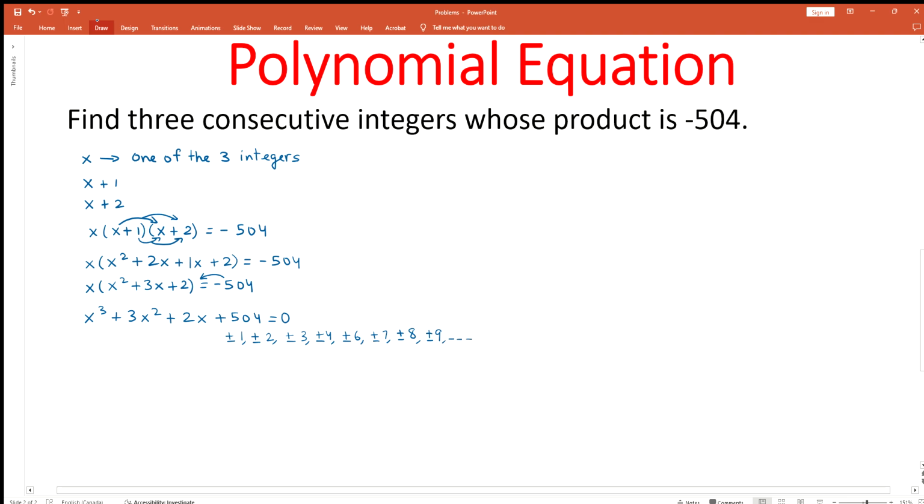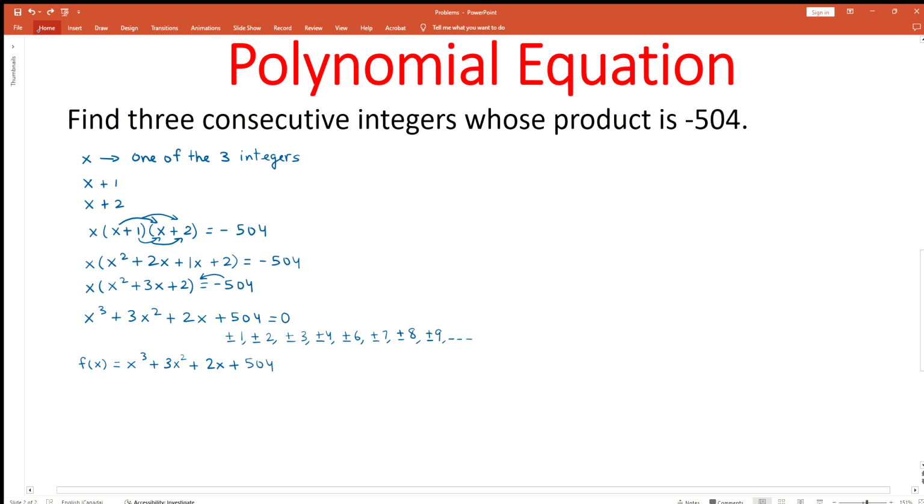We have to find which of these numbers will make this cubic polynomial equal to 0. Let's assume this cubic polynomial can be represented by function f at x. We should sub in the factors of 504 one by one in this function equation.